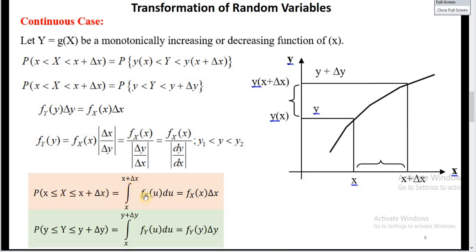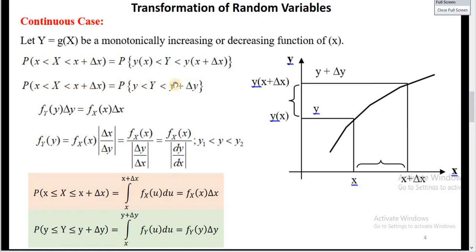It's the area under the probability density function, and it can be approximated as the height of the curve, which is f of x, times the width of a rectangle with differential width delta x. Of course, we know the density function, so f of x is a known function. So we found the probability of x between x and x plus delta x.